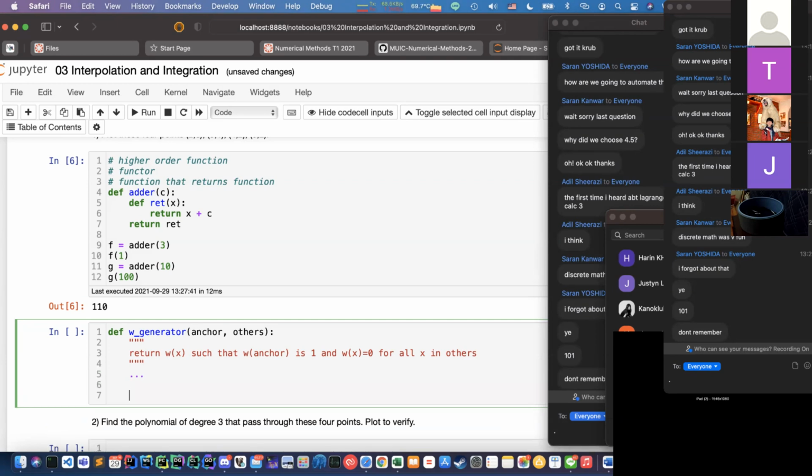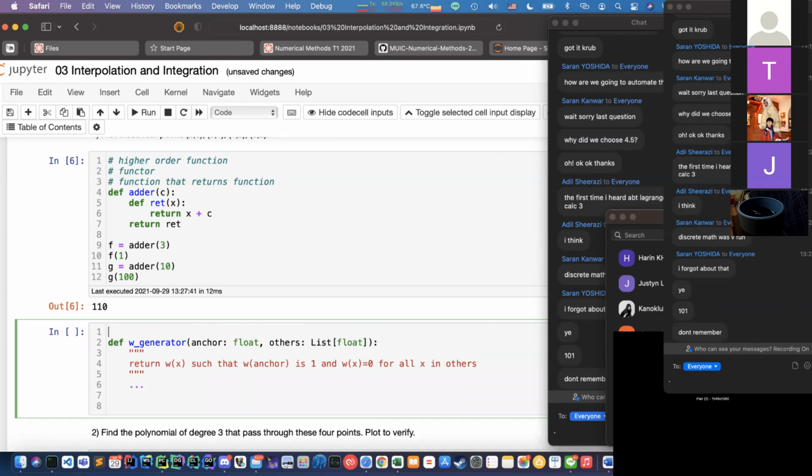Okay, once you have this, your life is going to be much easier. But if you don't have this, your life is going to be so hard. So this anchor is a float, and this thing is a list of floats, from typing import List.